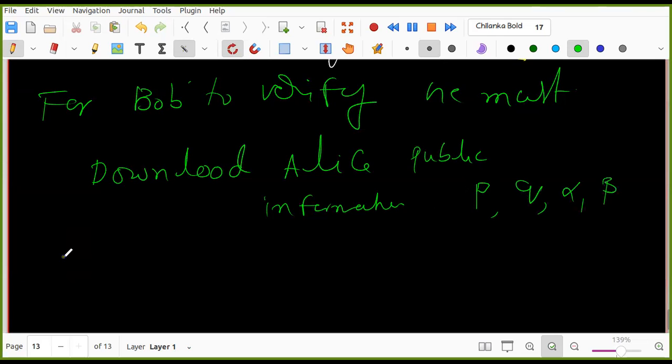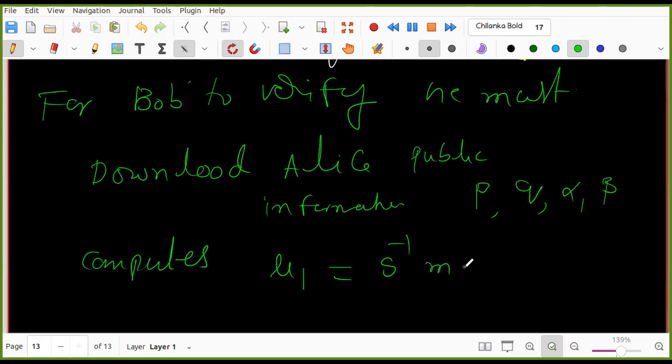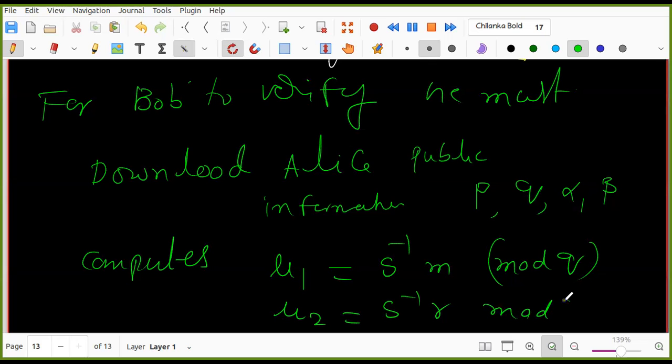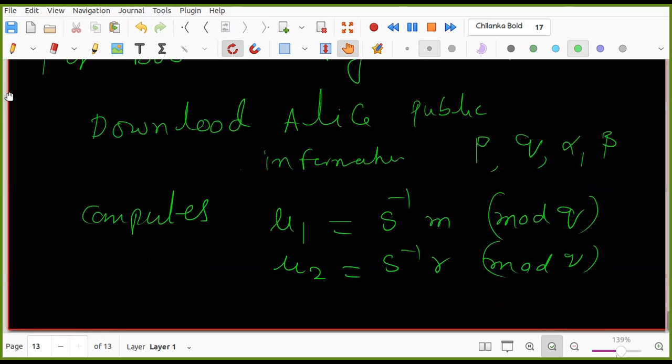He computes U1 equal to S inverse M mod Q, and computes U2 equal to S inverse R mod Q. He also computes the V value.